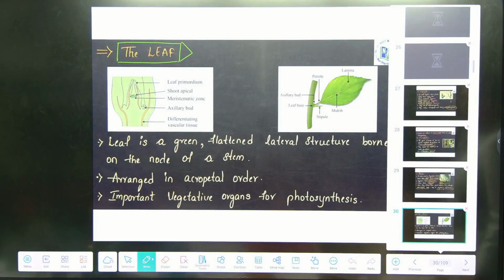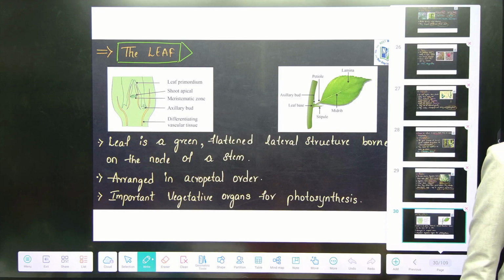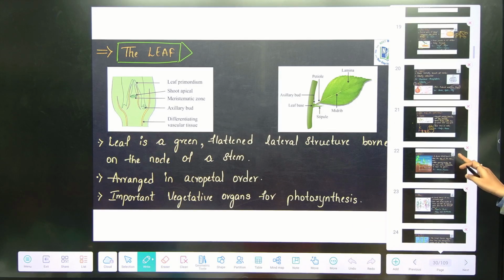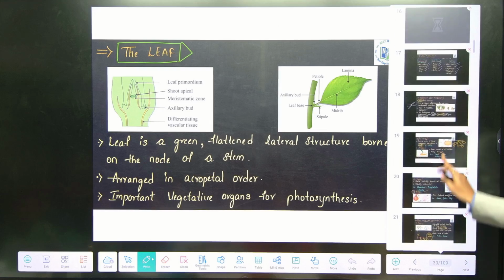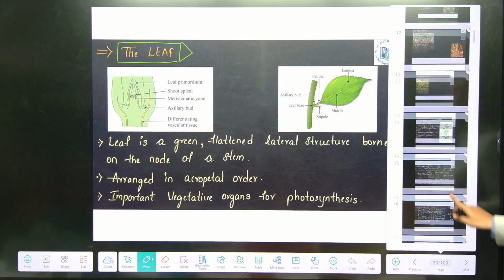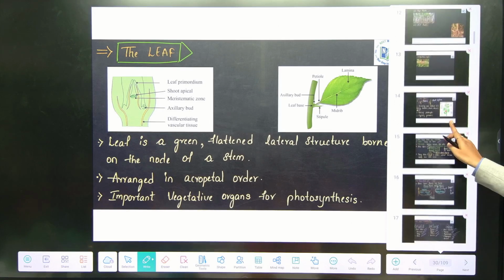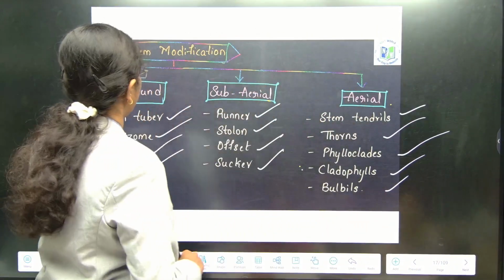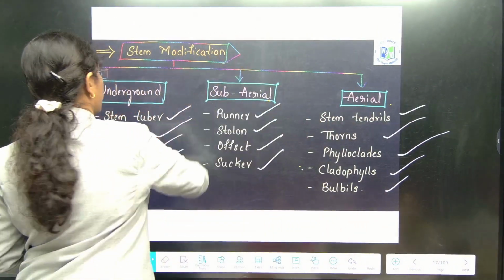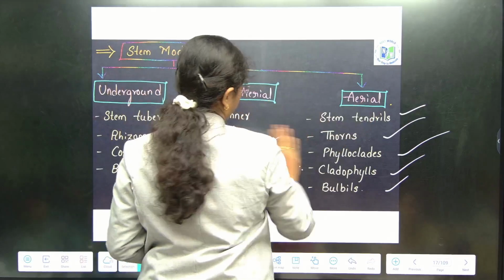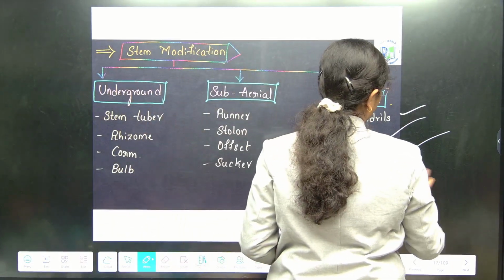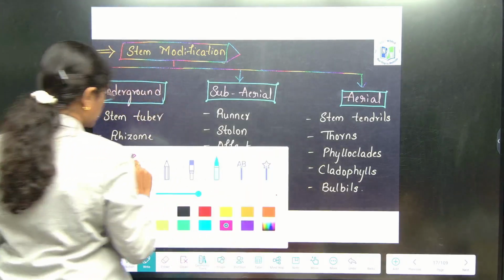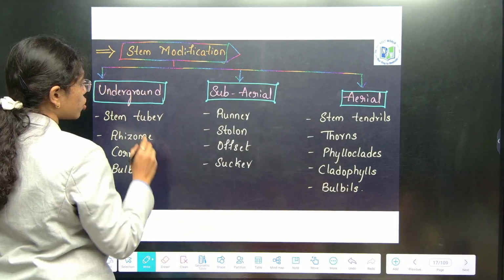So now you are clear with aerial, subaerial and underground modifications. Let us recall them and place them in a single slide. Here we go. First is stem tuber.